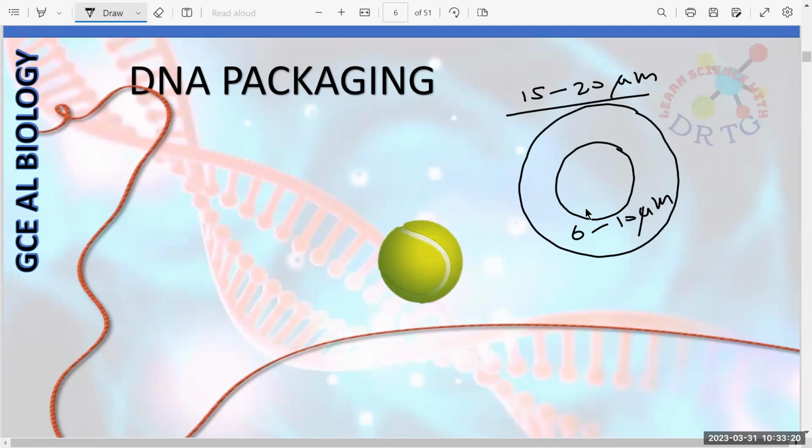We can calculate the volume of this nucleus when we know the radius. For example, the radius is, let's say, 5 micrometers, then we can calculate the volume. Then we're going to see the length of the DNA molecule.